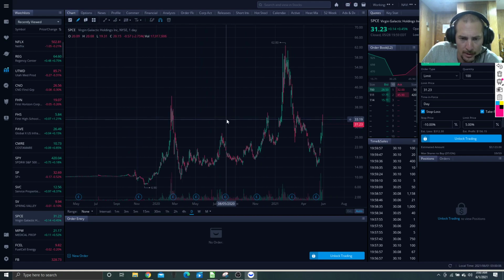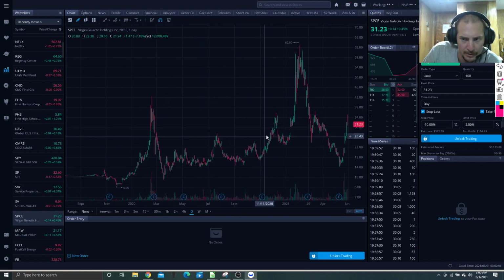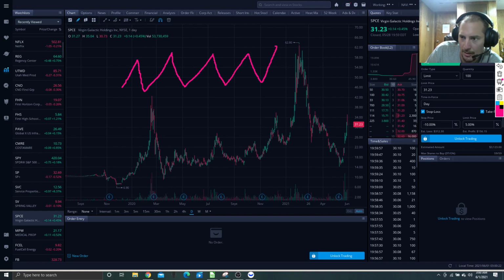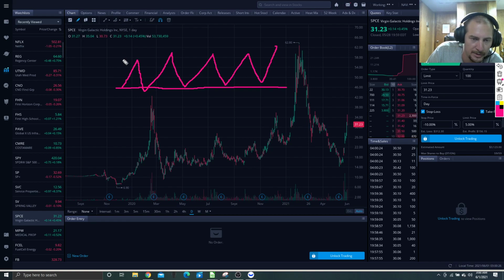So we've been talking about support and resistance levels, and in this lesson, we're going to briefly go over that again. A support level is a price where your stock is likely going to bounce. So here, this is support. Resistance is a price where it's likely going to fall down, which would be here.